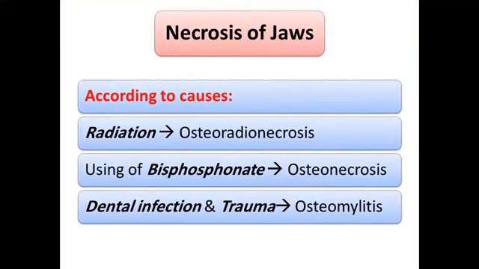If the necrosis of the jaw is caused by radiation, as in cancer treatment, it is called osteoradionecrosis. بينما necrosis of the jaw caused by the medication bisphosphonate, a drug used for the treatment of osteoporosis, هشاشة العظام, is termed osteonecrosis. While jaw necrosis resulting from dental infection or jaw trauma is called osteomyelitis.